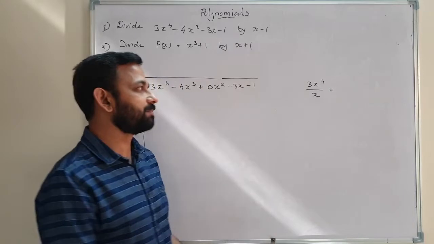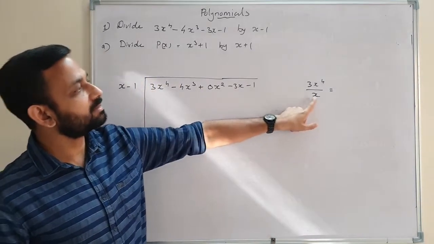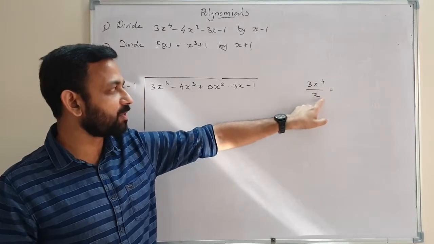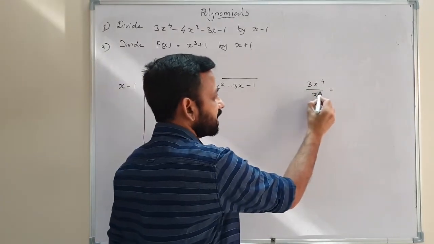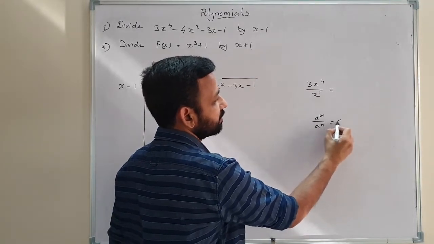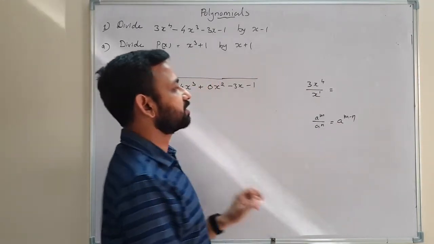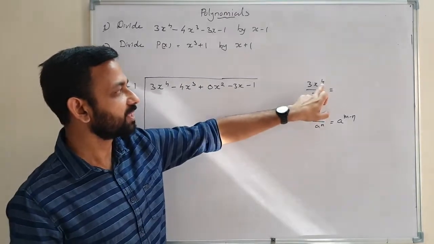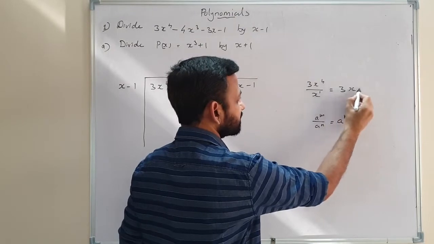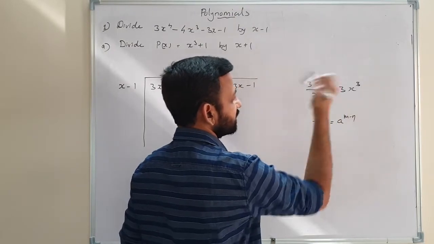In chapter 1, we learned the laws of exponents. So 3x raised to 4 upon x: a to the power m divided by a to the power n equals a to the power m minus n. So by using the laws of exponents, 4 minus 1 is 3.